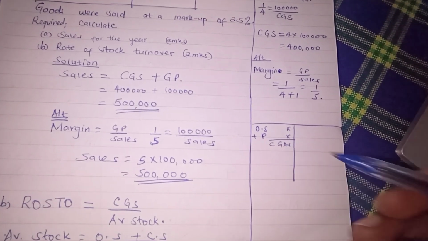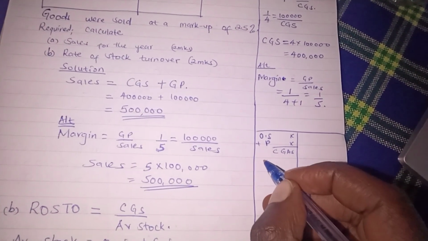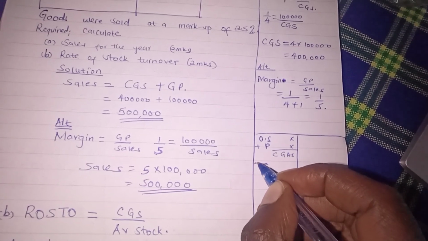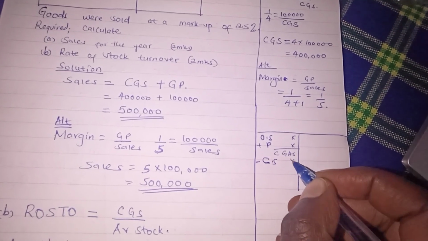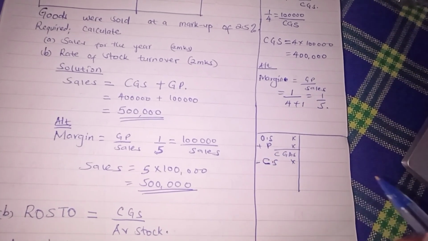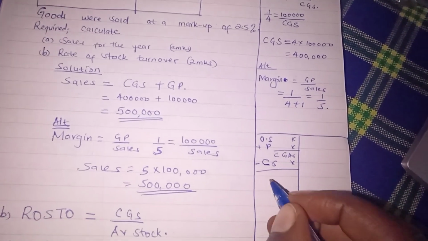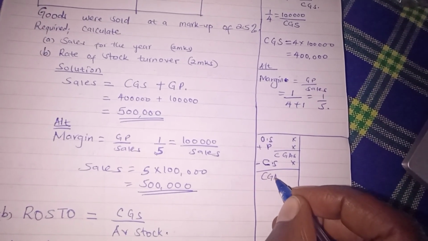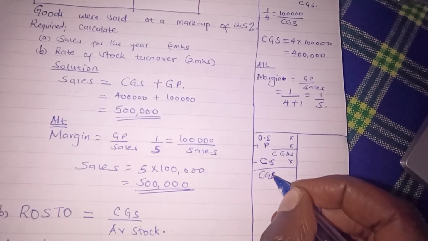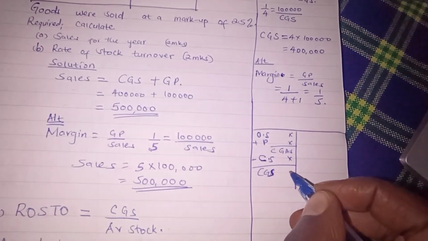And from this figure, we subtract the closing stock figure to arrive at the cost of goods sold, the cost of sales.